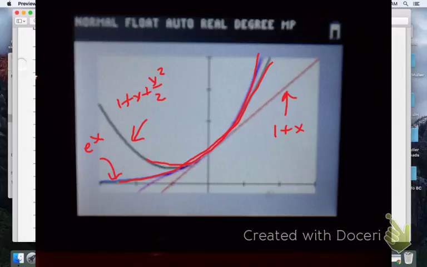And then this purple, if you can see it down here, again, it hugs it even closer. And that is the 1 plus x plus x squared over 2 plus x cubed over 3. And if we kept adding terms, again, around x equals 0, it would continue to hug that e to the x line even closer.